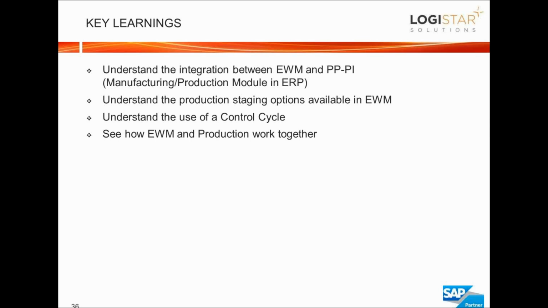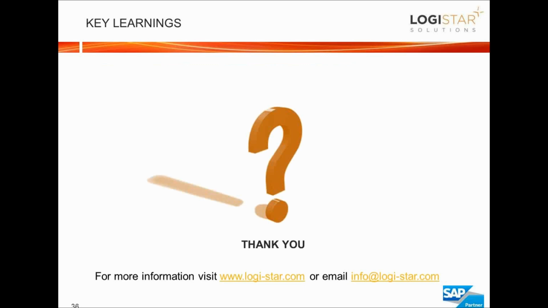LOGISTAR specifically has been involved with over 25 EWM projects, primarily based in North America, but we have also supported clients in Europe and the Asia-Pac regions, anywhere from baseline logistics assessments to prototypes to complete implementations. So certainly a significant amount of experience within EWM.